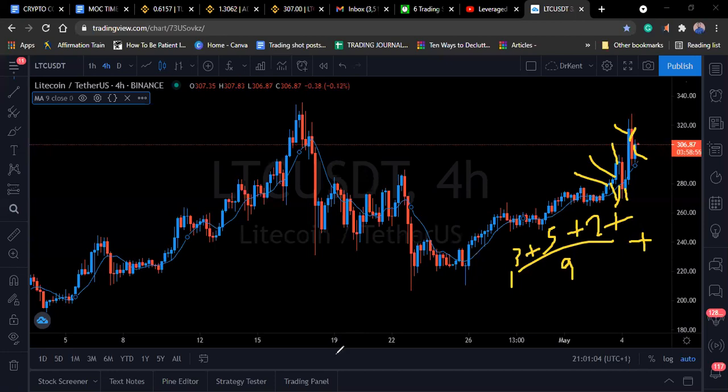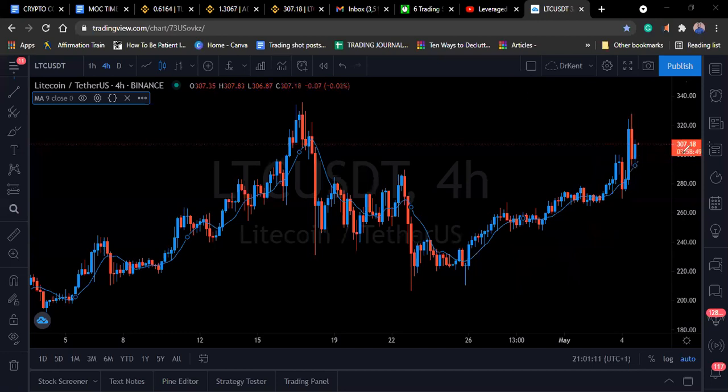So for instance, this guy is at 307. It means that this last candle closed at 307. So that is candle 1. We'll now add the previous candle. We look at where it closed.